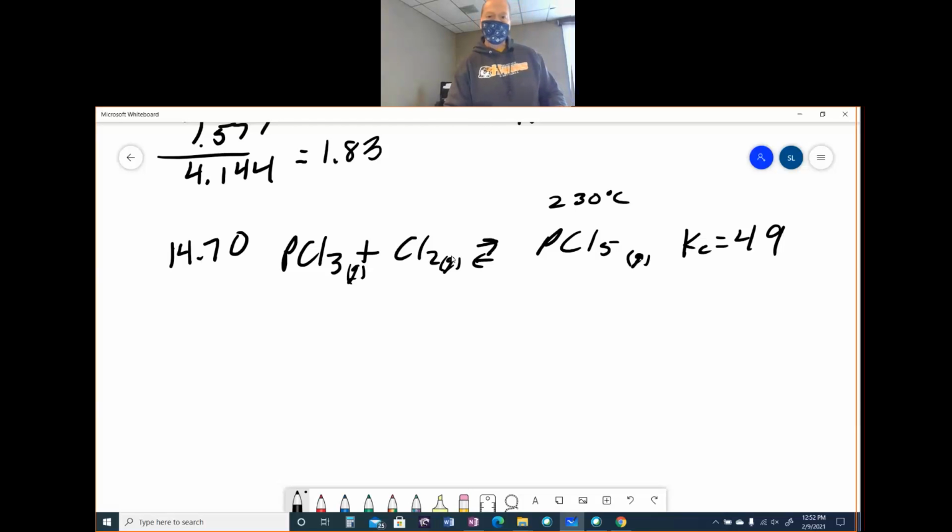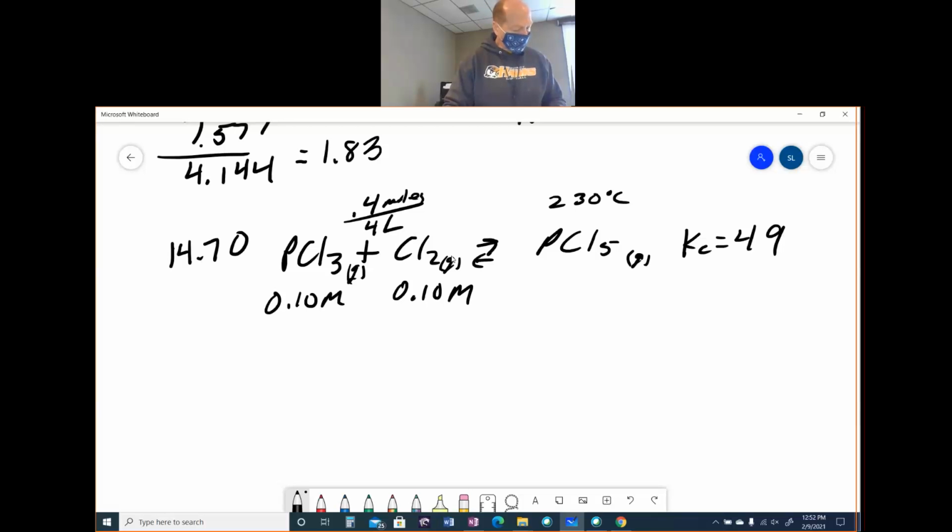We put 0.4 moles in 4 liters of each PCl3 and Cl2. This time, for whatever reason, the moles are 3 sig figs, but the liters are only 2 sig figs. And so this is 0.10 molar, and this is 0.10 molar.